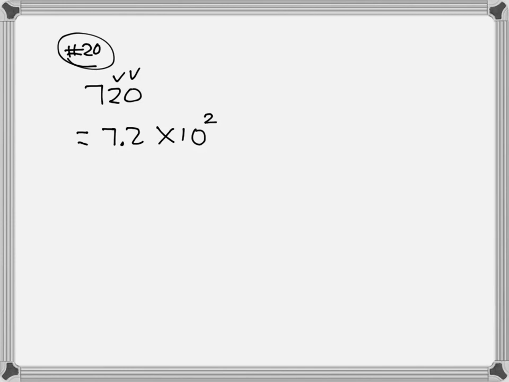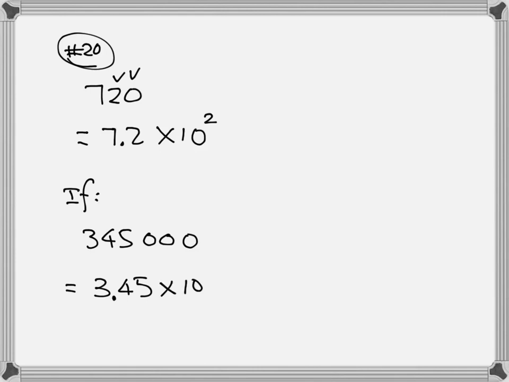Okay, then that's your answer. Now, if you have 345000, again, you write down the number only. Put a decimal after the first number, then times 10. After that, you count how many numbers after the decimal. There are 5 numbers, so we have 10 to the 5th power.